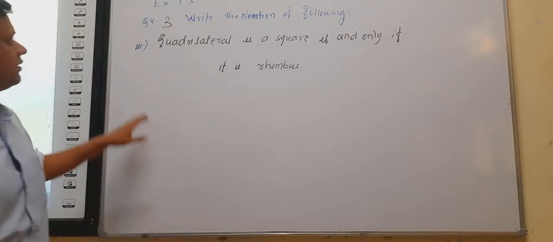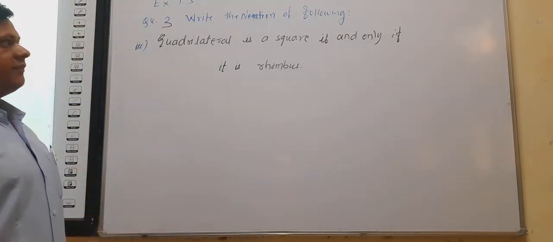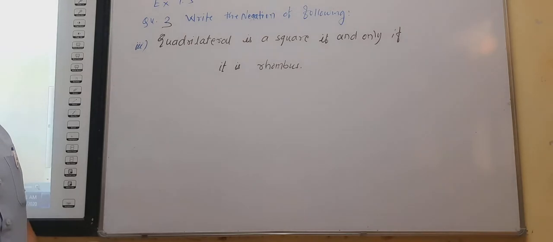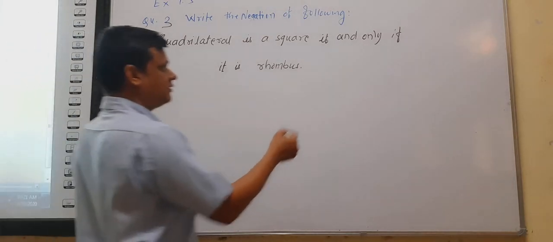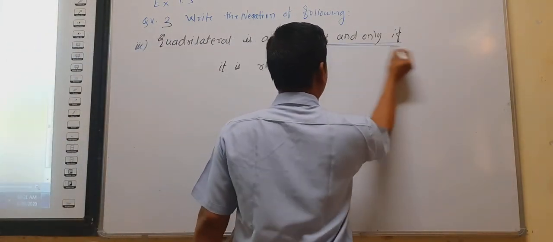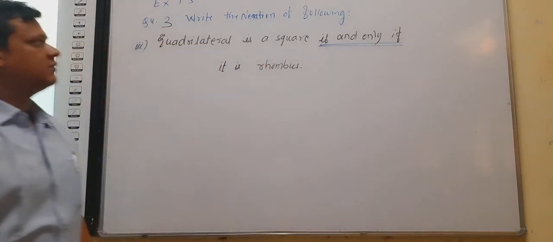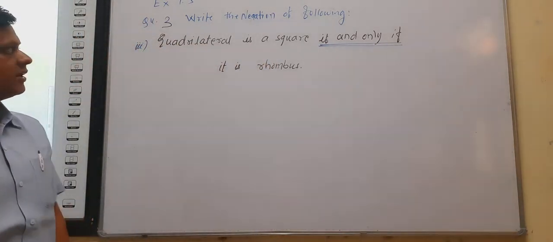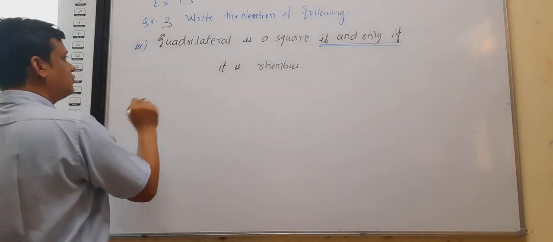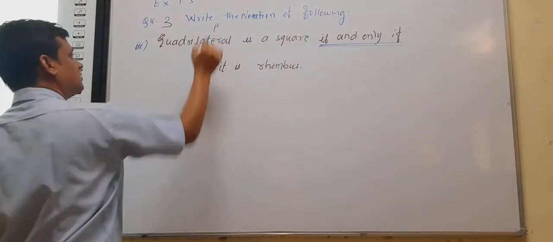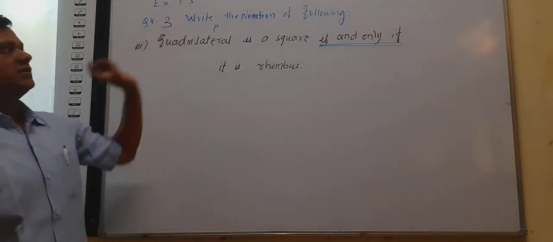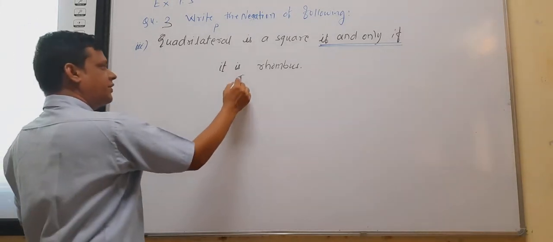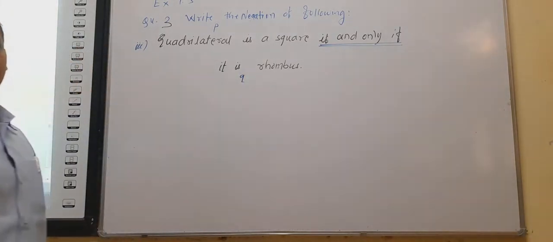Next example. Quadrilateral is a square if and only if it is rhombus. It is double implication. Use if and only if, that is double implication. So we write two statements first. Suppose P stands for quadrilateral is a square, Q stands for it is rhombus.